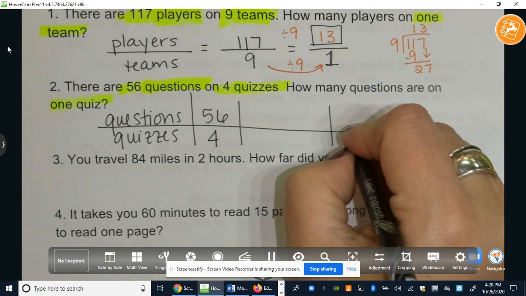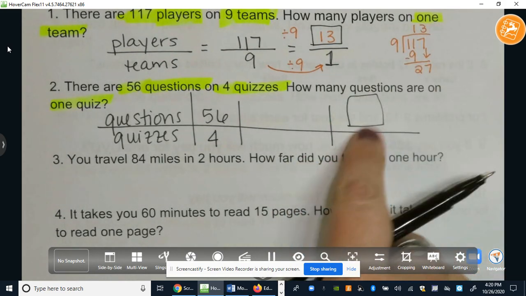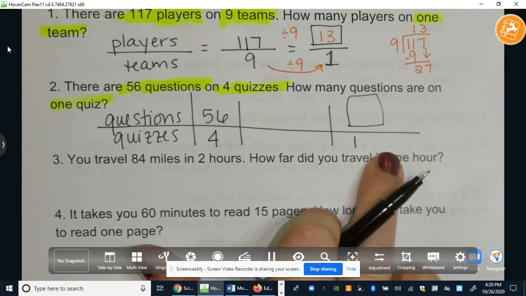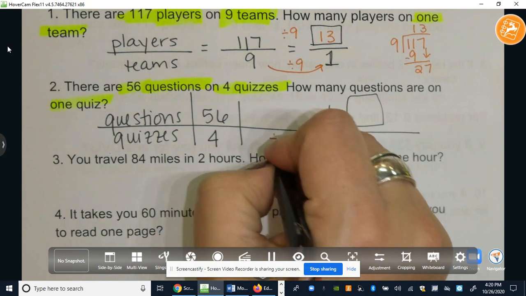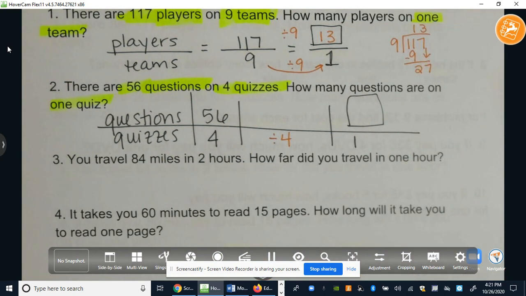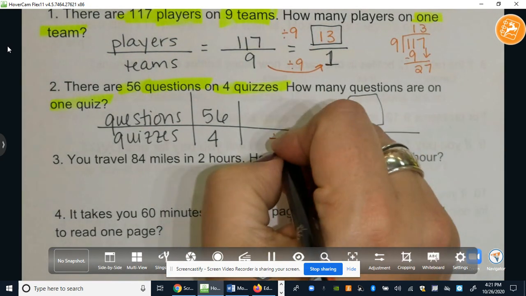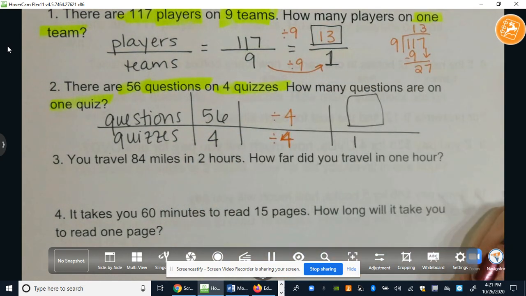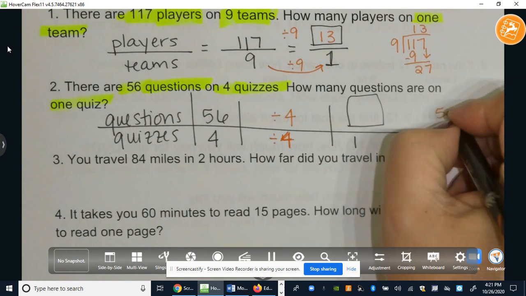So I have 3 pieces of information and I'm missing 1. So how can I go from 4 to 1? Well, I can divide by 4. So if I divide it by 4 on the bottom, I divide by 4 at the top.